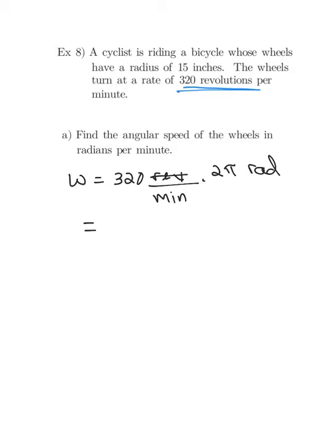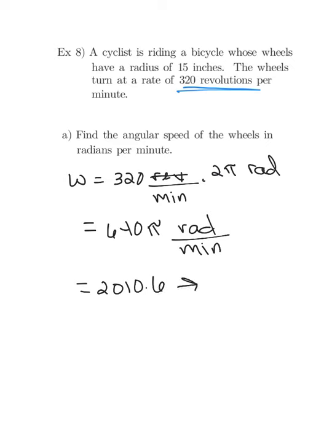So if we take the 320 times 2 pi, we are going to get 640 pi, and then our label is radians per minute. If you do that on your calculator, you get 2010.6, which we are going to round to be 2011 radians per minute.